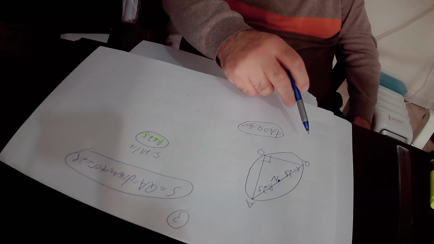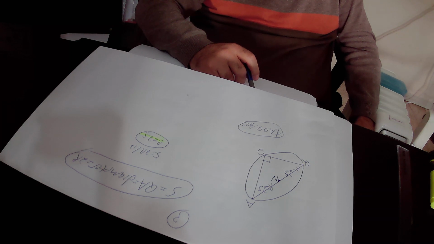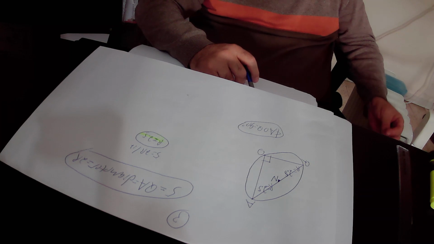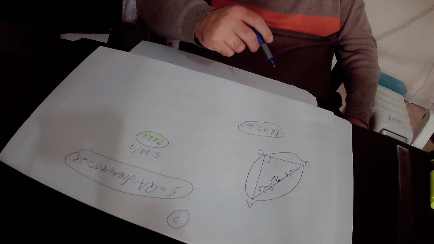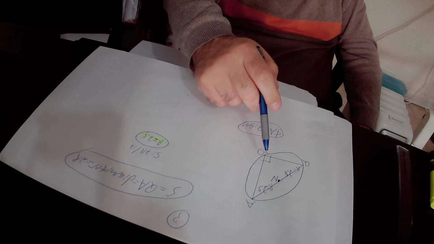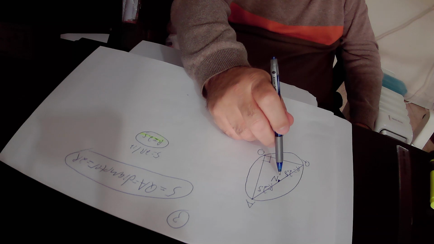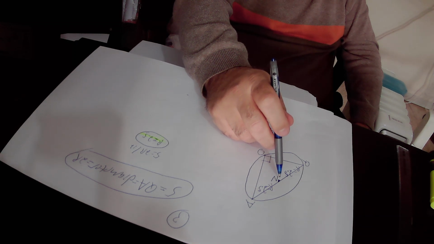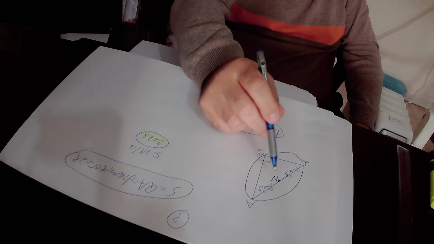QA equals 5 units. QA, 5 over 2, is 2.5. So the middle of the diameter QA will be at this point. This point divides the diameter QA into two halves.